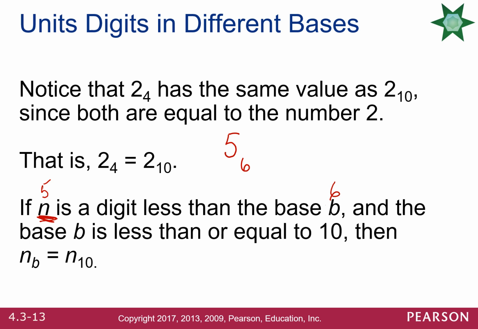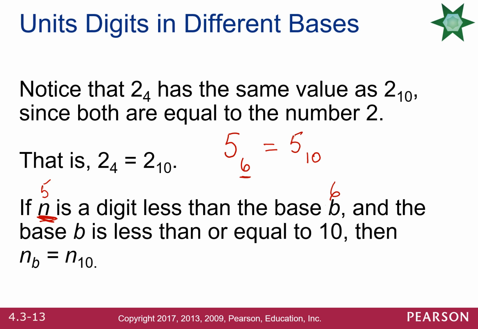And the base b is less than or equal to 10. Over here, the base is indeed less than 10, 6 is less than 10. Then we can say that 5 base 6 is going to be the same as 5 base 10. And that will be true for any other base as well.